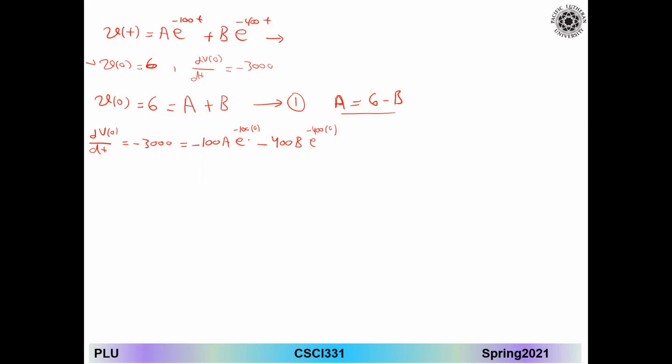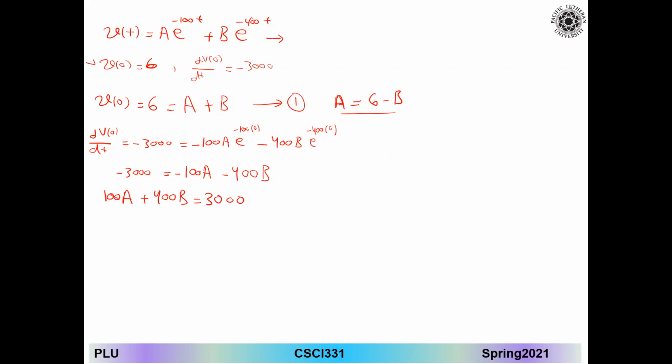So what I end up with in this equation, the exponentials will be cancelled because of 0. So I end up with minus 3,000 equal to minus 100a minus 400b. Cancel my negative with negative. So I end up with 100a plus 400b equal to 3,000. 3,000, not 30,000, right?